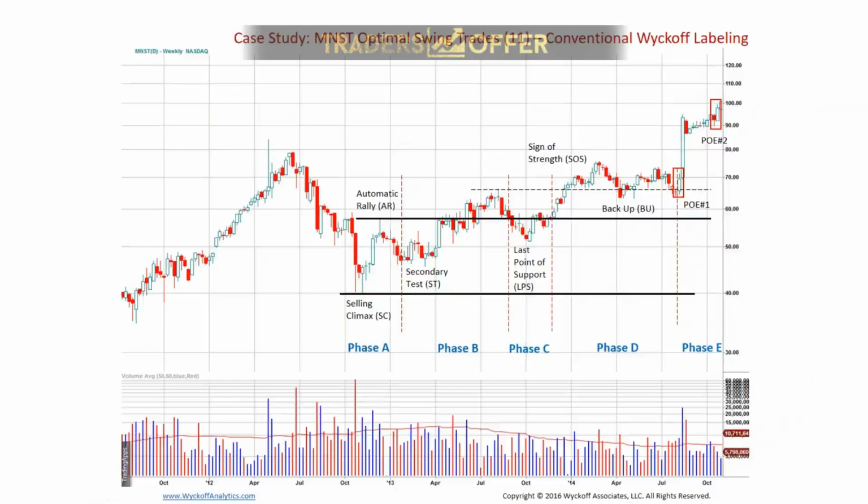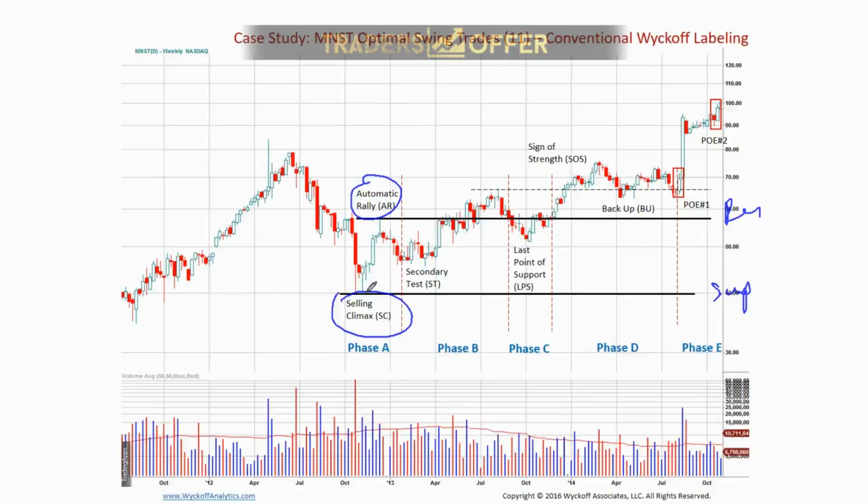So we are thinking first in terms of the conventional Wyckoff labeling. Conventional Wyckoff labeling is going to define the climactic action and automatic rally, and define the boundaries of the resistance and the support based on these two points. And we see that the price is actually deviating not around those boundaries.